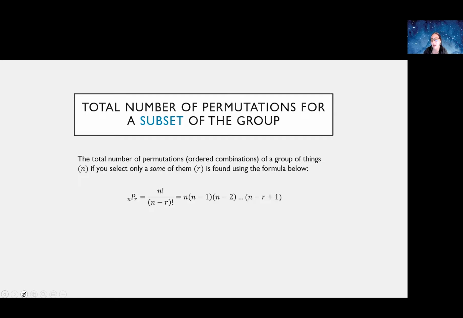In your head, when you read NPR, some people say N pick R, or like 5 pick 2. You've got 5 things and you're picking 2 from there. They use the word pick for permutation. Combinations use a C, so usually people will use the word choose to stand for C.